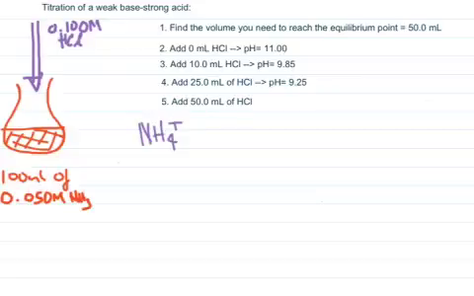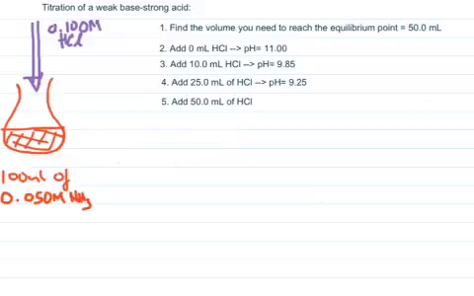So we have ammonium and chlorine ions, and that's it. Because the chlorine ion is neutral since it comes from a strong acid, and we know that ammonium is a weak acid, we're going to be focusing on the weak acid.